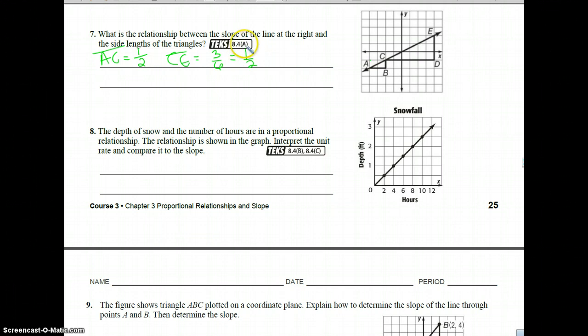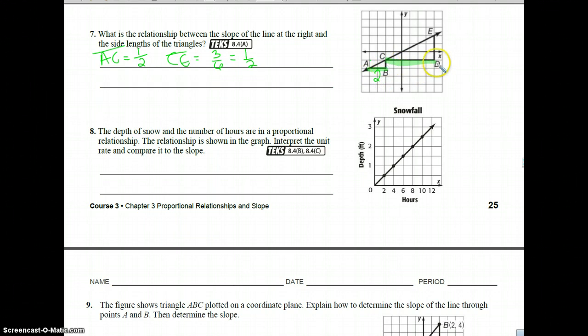Now let's address the second part that they asked us to look at, the side lengths of the triangle. Okay, so take a look right here at this one. We're talking about triangles. It's laying on its base right here, right? And what do you notice about the base there? How long is it from A to B right here? 2. Okay, 2.